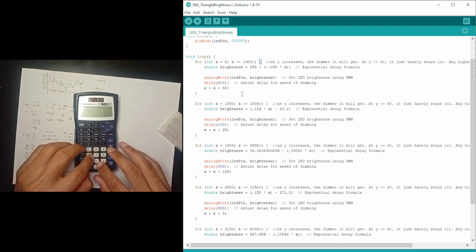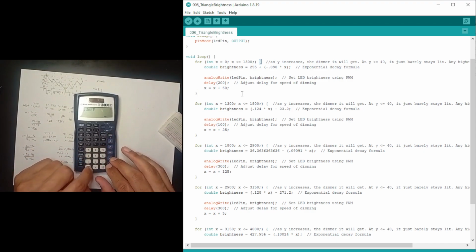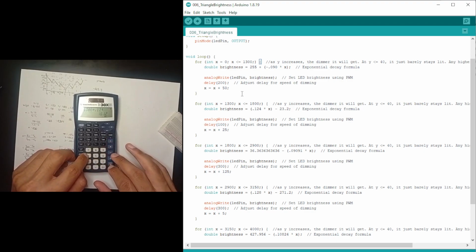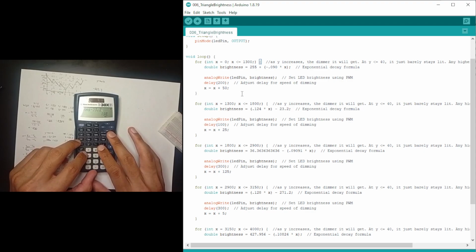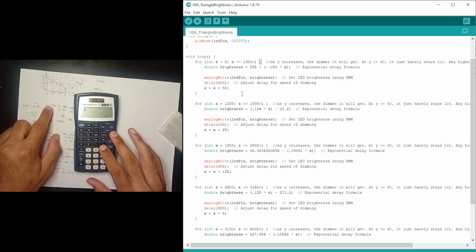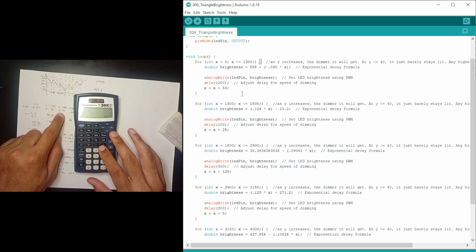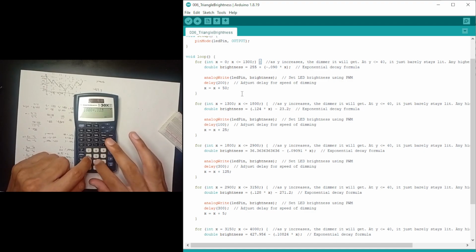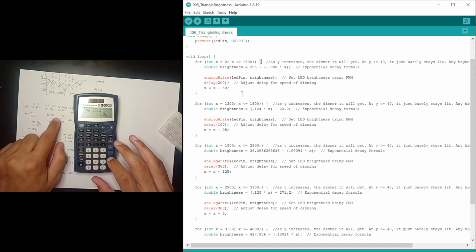Okay, so for the first one, 1,300 times 0.124 minus 23.2. That one is 138. So theoretically, if I were to put the next number in, it should go up to 200. 1,800 times 0.124 minus 23.2. That is 200.